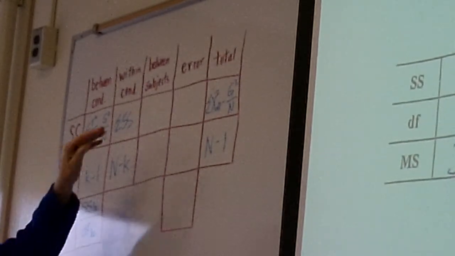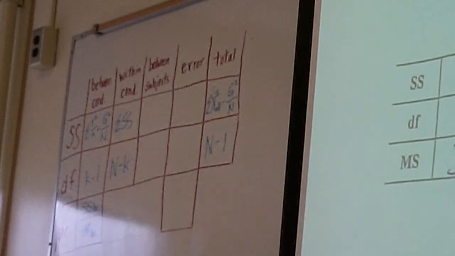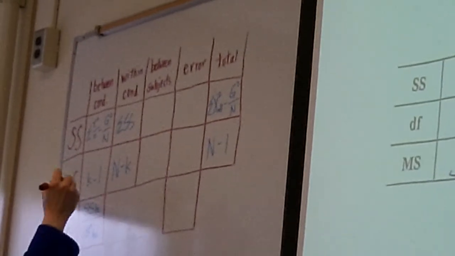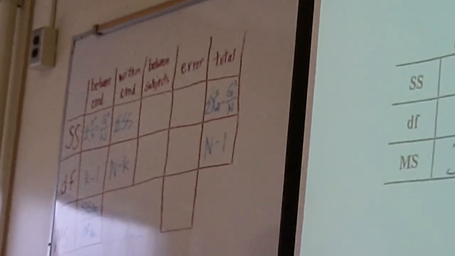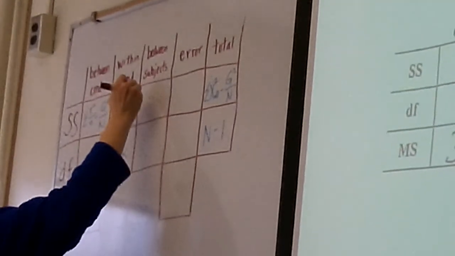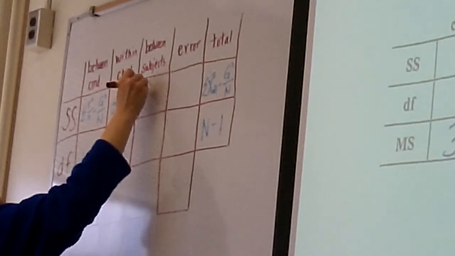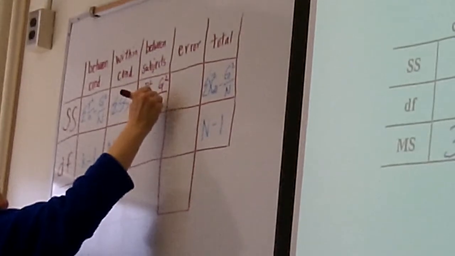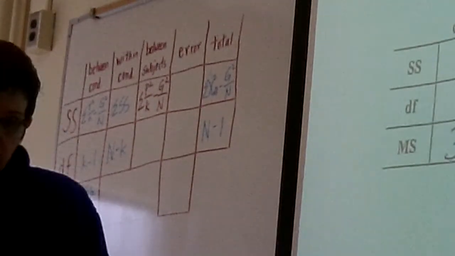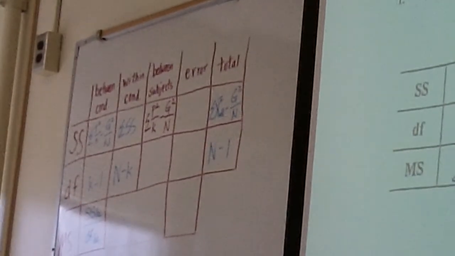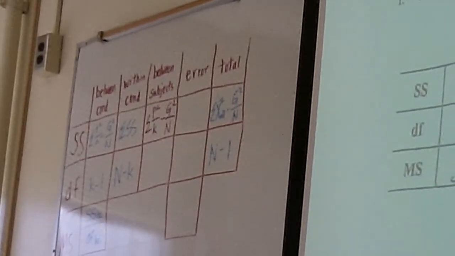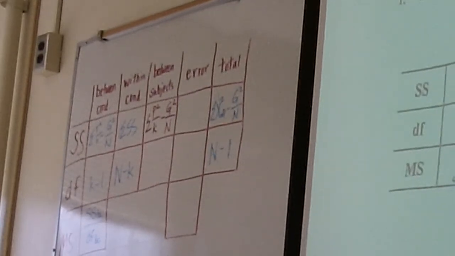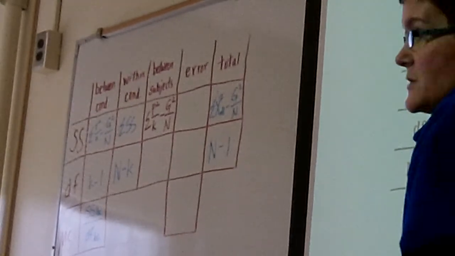So our sum of squares between subjects, the formula for this, we're going to use that new thing we just calculated. So we're going to use the sum of p squared over k minus g squared over big N. Notice that it's similar to the formula that we use for sum of squares between conditions.